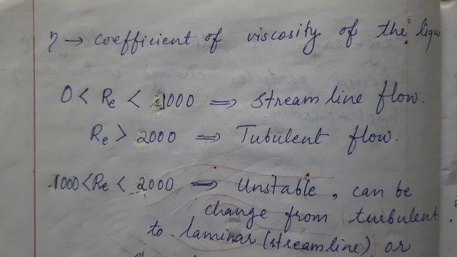But if it is greater than 2000 or above, then it's a turbulent flow. In between, from 1000 to 2000, we can say it's unstable. It can change from turbulent to laminar, that is streamline, or from streamline to turbulent. So this number decides how the flow is.